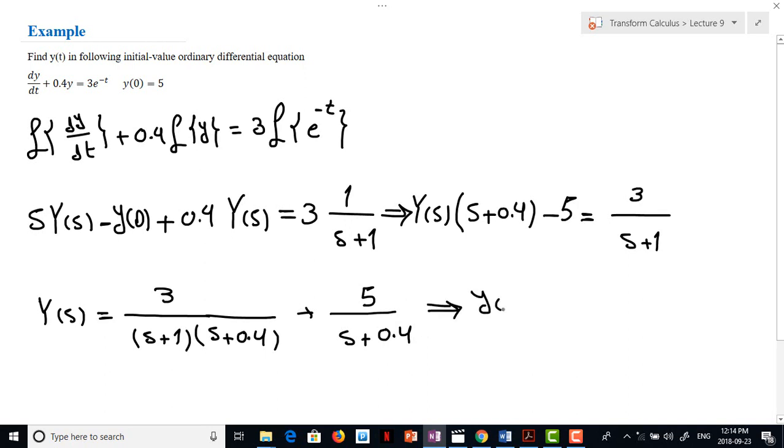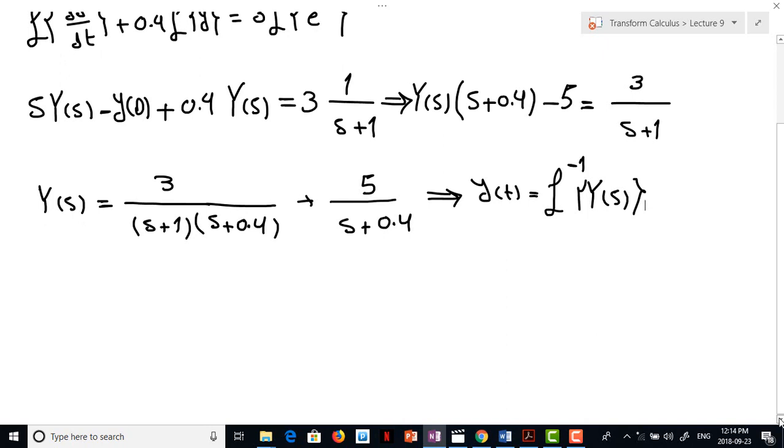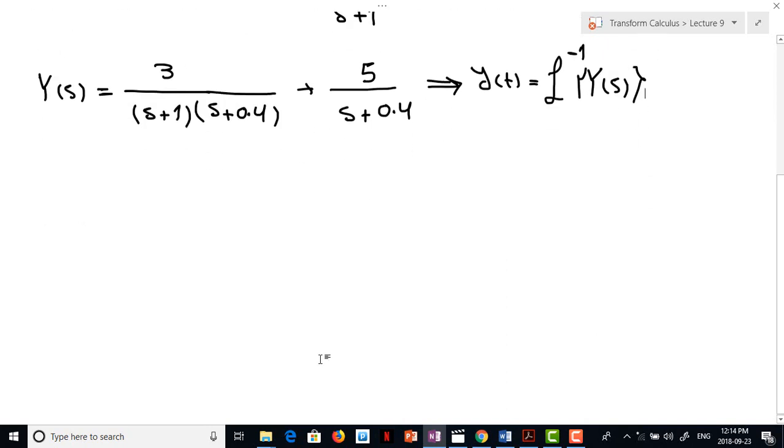Now in order to find y(t), we have to find the Laplace inverse of Y(s). So how can we find the Laplace inverse of Y(s)? The second term is very easy, but for the first term, we have a fraction, so we have to use partial fractions to decompose it.